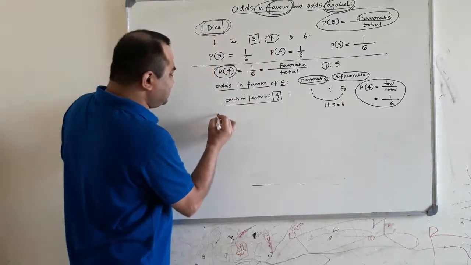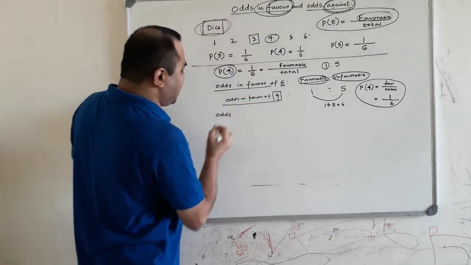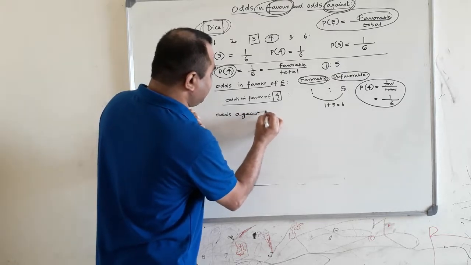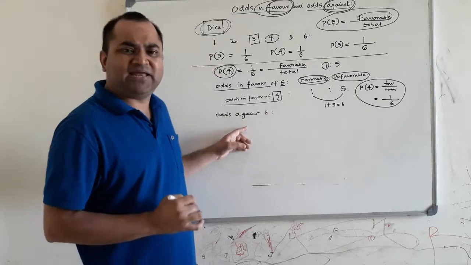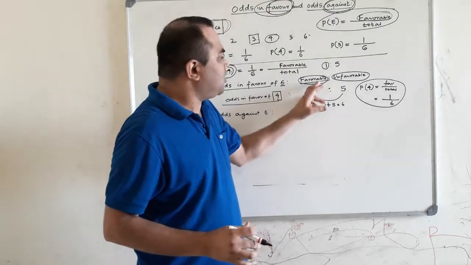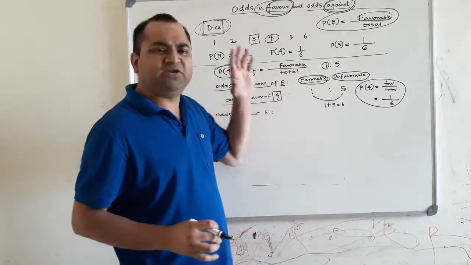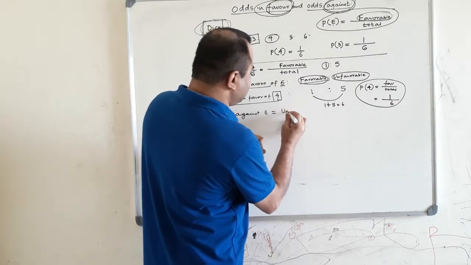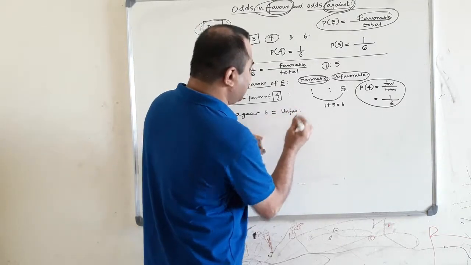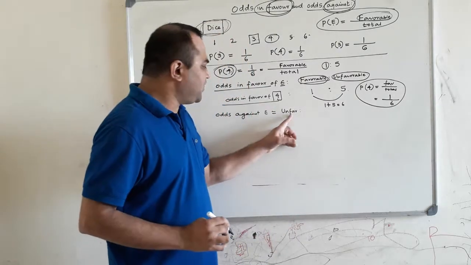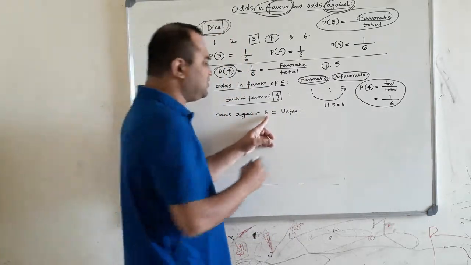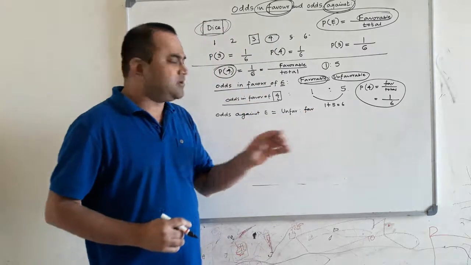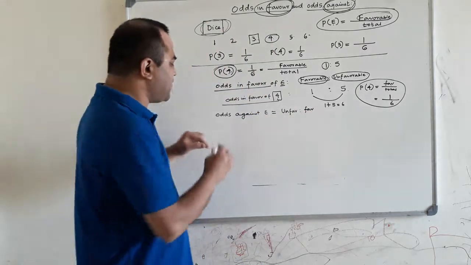Now let me deal with the other kind of odds, and that is odds against an event. So odds against an event will be the inverse of the ratio for odds in favor of the event. Therefore, here in the ratio, the first term will contain outcomes unfavorable for the particular event, while the second term will contain the number of outcomes favorable for that event.